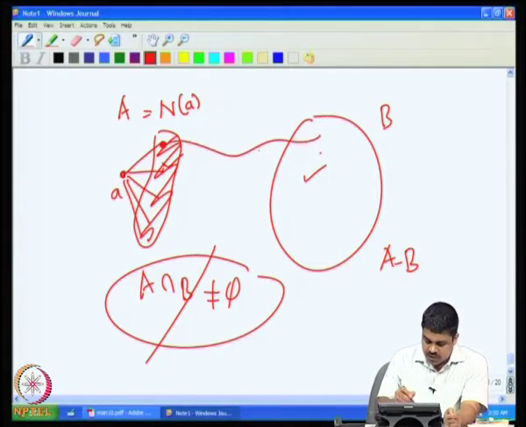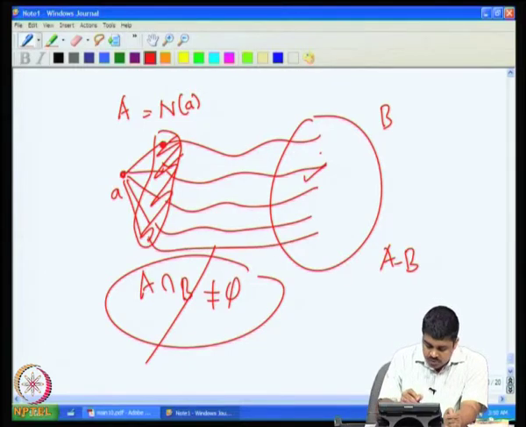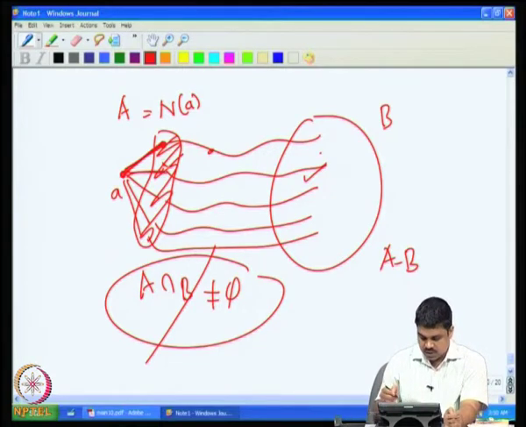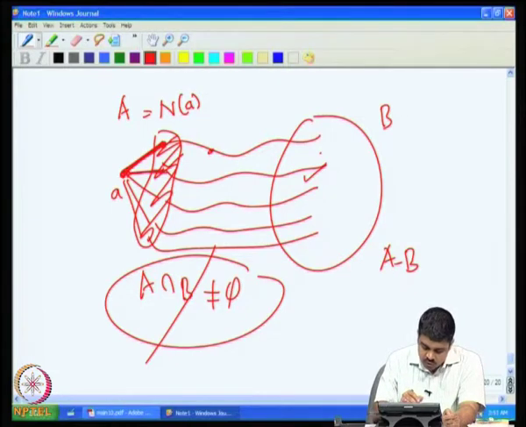If you consider these capital A to B disjoint paths, none of them is going to contain the vertex A, because if you go to A you have to come back to its neighborhood, since the only way is to come back to its neighborhood.